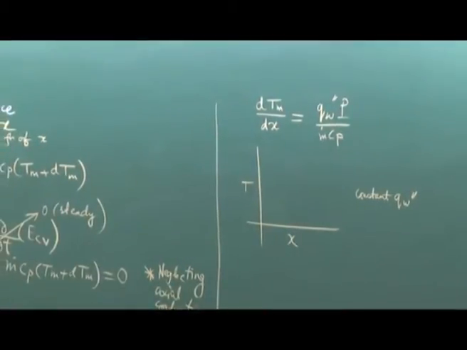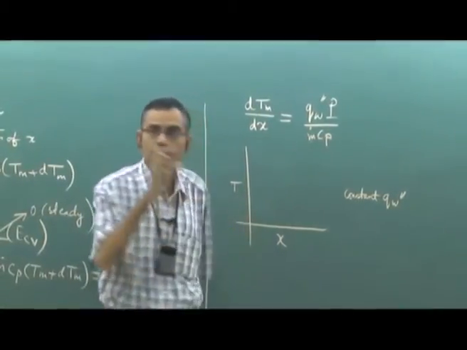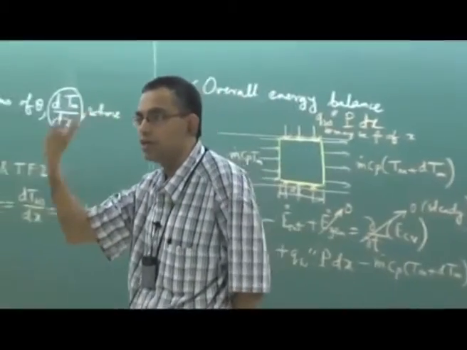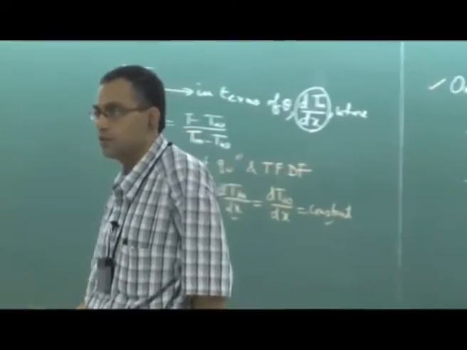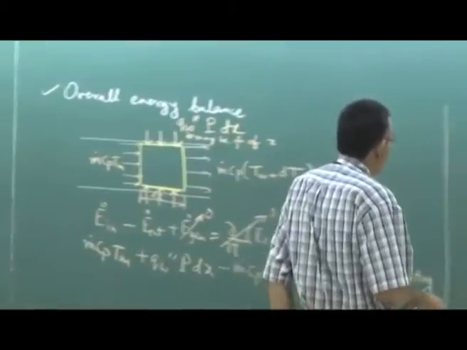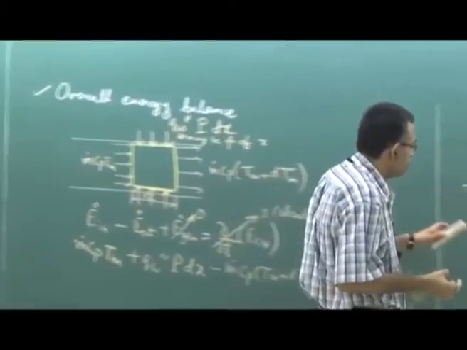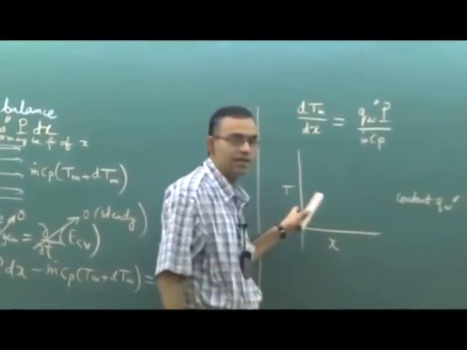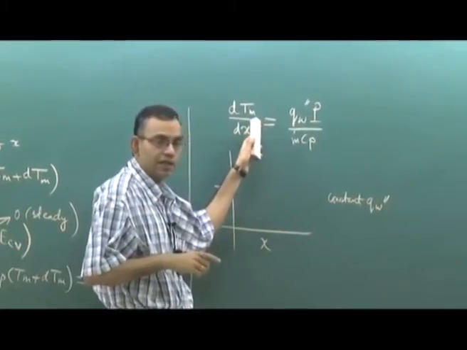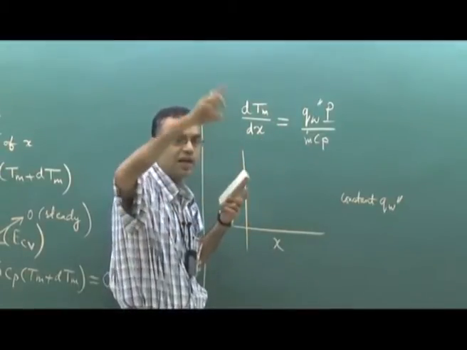So when we plot T versus x, we essentially want to plot basically Tm and T wall, because we are now converting it to one dimensional problems where the functions of x are Tm and T wall. So let us say that T wall is greater than Tm. Now what is the graph of Tm versus x? It will be a straight line because dTm/dx is a constant. Assuming that axial conduction is negligible, it is a single straight line throughout.